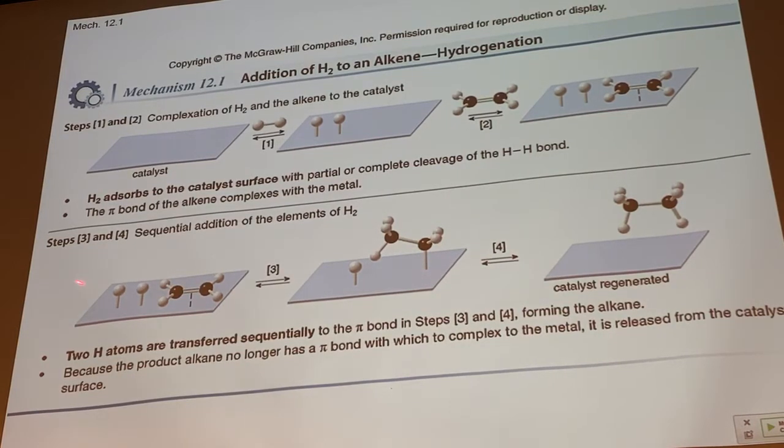Okay, so what could we classify this step as? Something we learned in our last section of the class, where we break a pi bond and replace it with sigma bonds. Yeah, this is the addition part right here, where we've added a carbon-hydrogen bond and a carbon-metal bond. We've added hydrogen and a metal to our alkene, essentially. Okay?